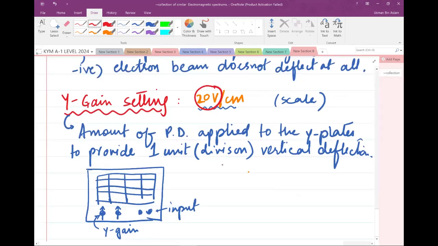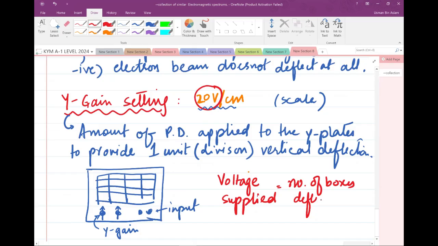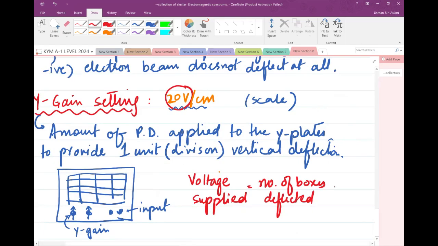I'll show you a formula here. Voltage supplied equals the number of boxes deflected multiplied with the Y gain setting.